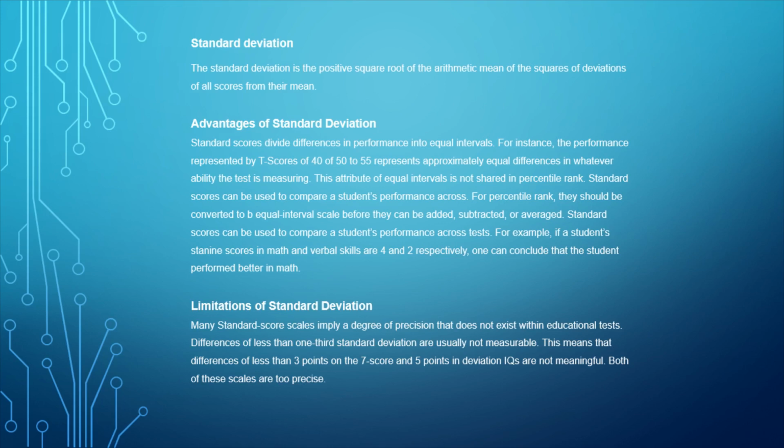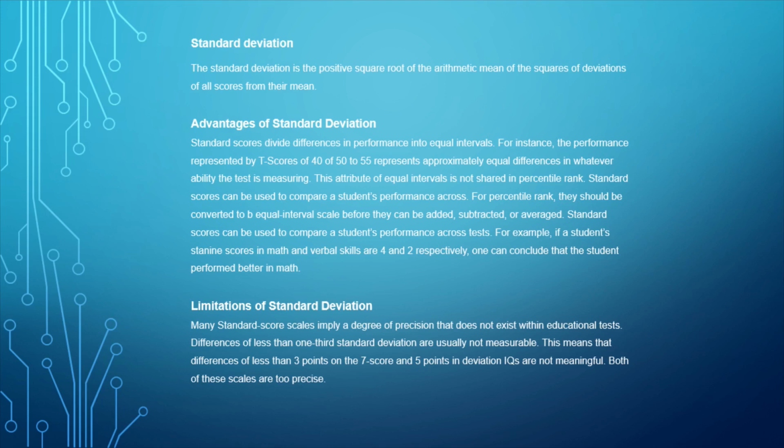For instance, the performance represented by T-scores of 40, 50, and 55 represents approximately equal differences in whatever ability the test is measuring. This attribute of equal intervals is not shared by percentile rank. For percentile rank, scores should be converted to an equal interval scale before they can be added, subtracted, or averaged.